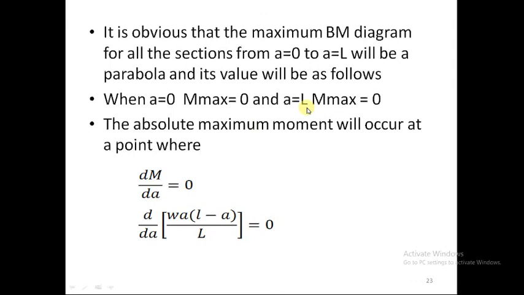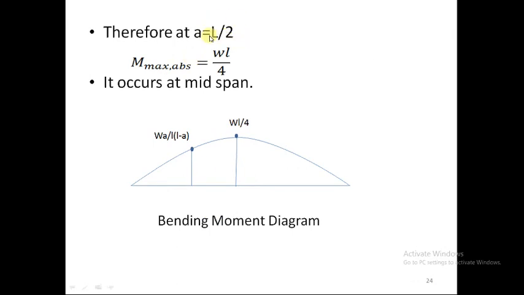Then where does the absolute maximum moment lie? To find that, we have to differentiate the moment expression with respect to a and equate it to 0 so that we get the location of maximum moment. This is my expression for moment, and I have differentiated with respect to a. On simplifying, I am getting the value of a equal to L by 2.